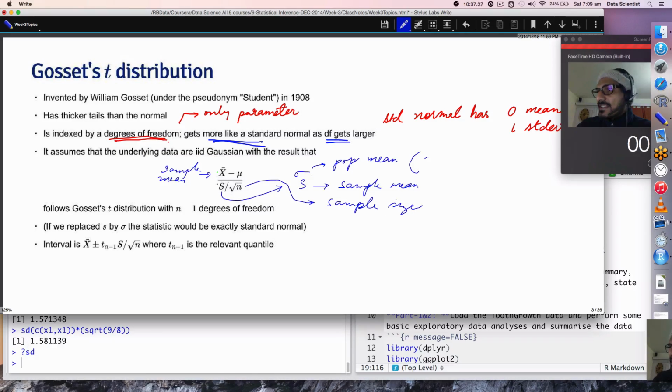So the only thing that has changed is this S. Everything is the same. This is population mean, with n minus 1 degrees of freedom.